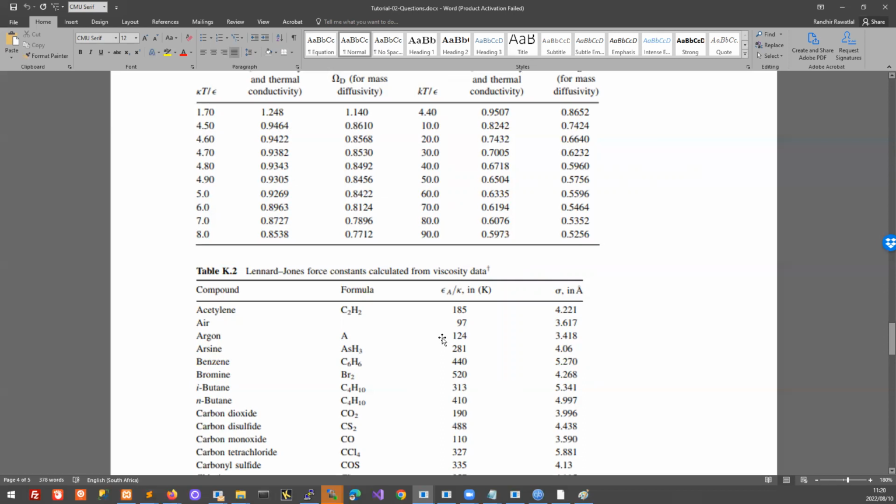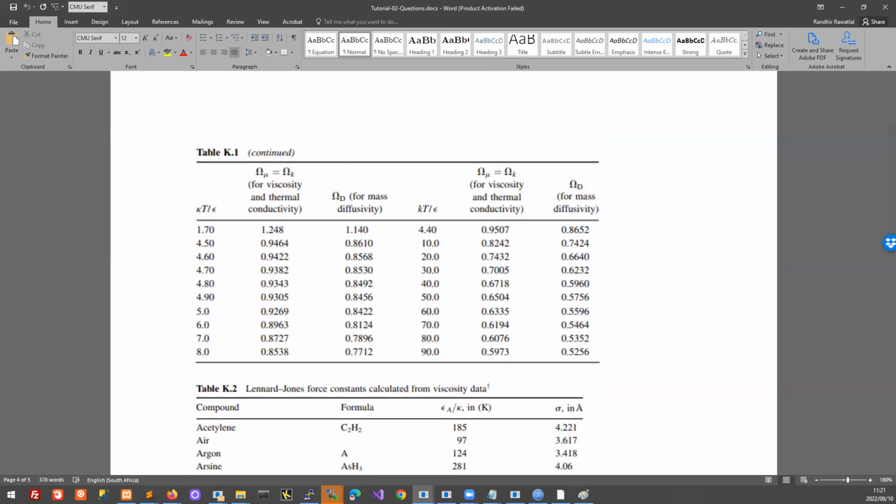Yeah, or you divide temperature by that value. And then you'll get KT over epsilon. Yeah, so it's T divided by this thing that will give you this one. And then you look it up there. Okay. Yeah.